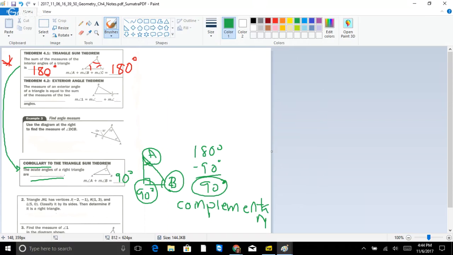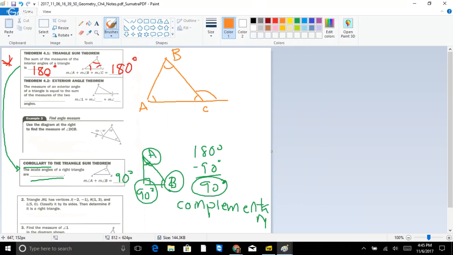Now we also have theorem 4.2, which is the exterior angle theorem. So now we're talking about the angle that is outside the triangle. So let me draw this a little bit bigger here. All right, so we have angles A, B, and C. Okay, and this kind of refers to our interior angles.